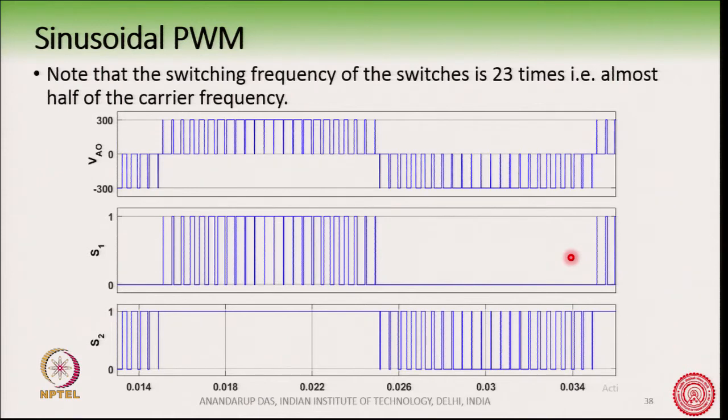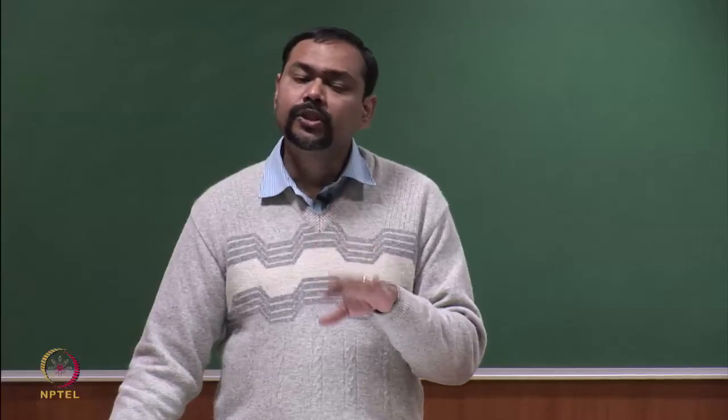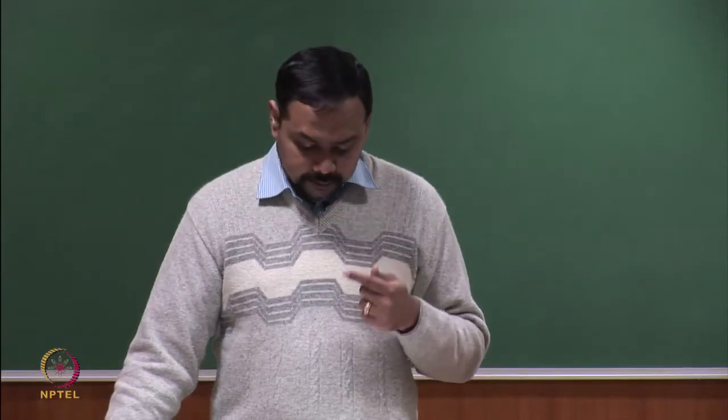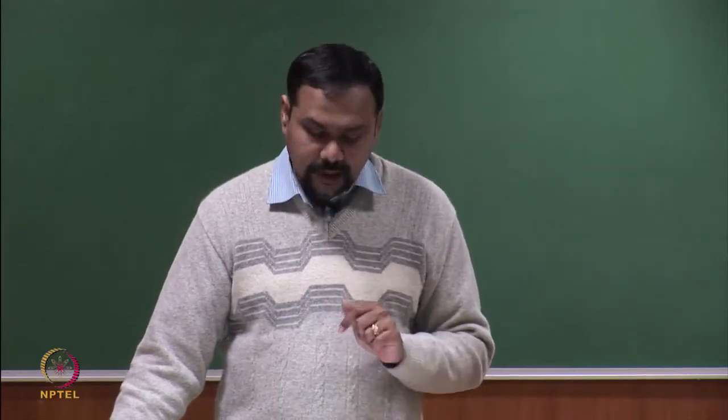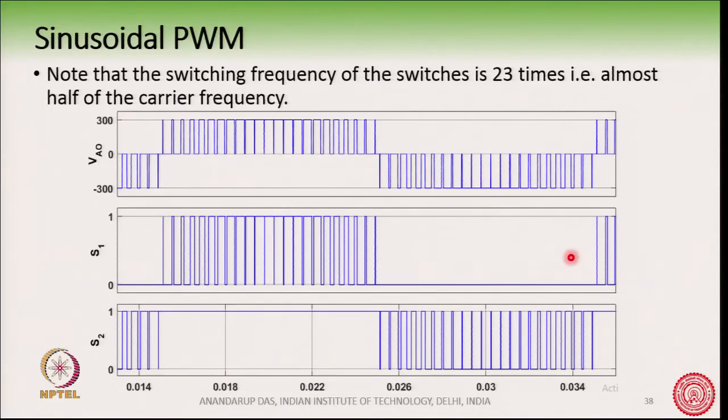So, this is where you see the difference between a conventional VSI and the 3 level NPC. In a conventional VSI, if the carrier frequency was 45 times, all the switches would have switched at 45 times. But here the carrier frequency is 45 times, however, the switch S1 for example is switching only 23 times, that is half.